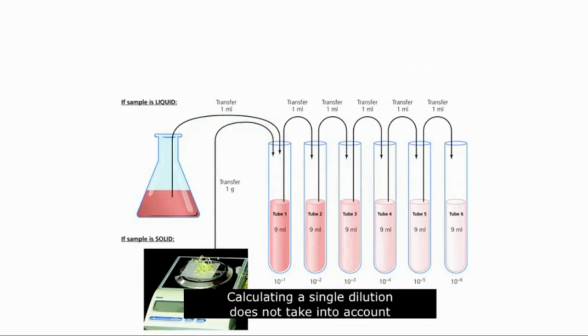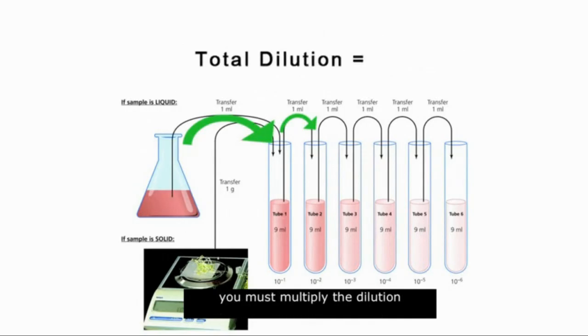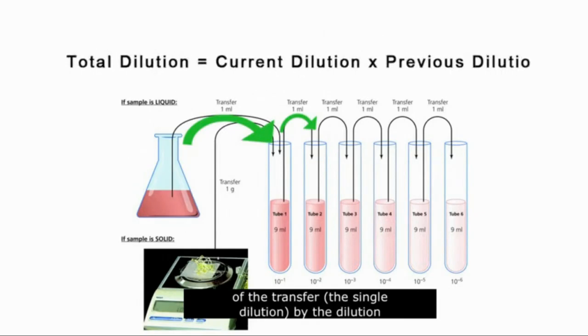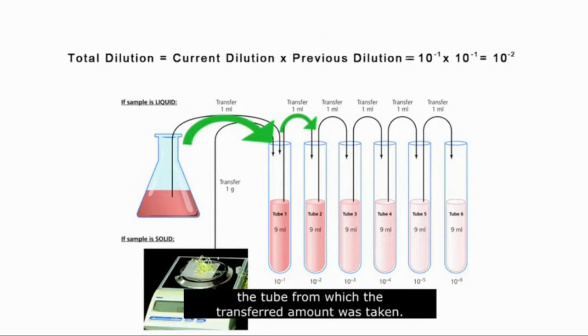Calculating a single dilution does not take into account that the source of that transfer may be already diluted. To calculate the total dilution in any one dilution tube, you must multiply the dilution of the transfer, the single dilution, by the dilution of the previous dilution tube, the tube from which the transferred amount was taken.